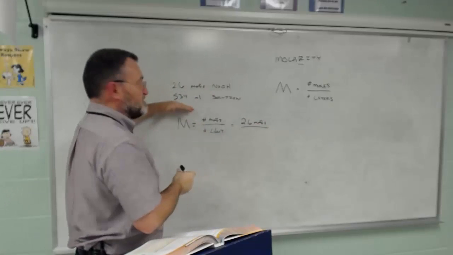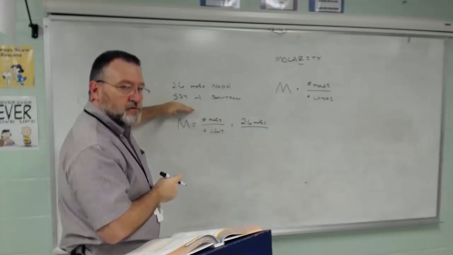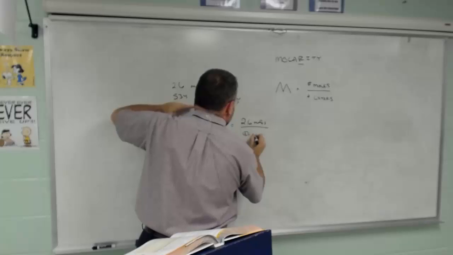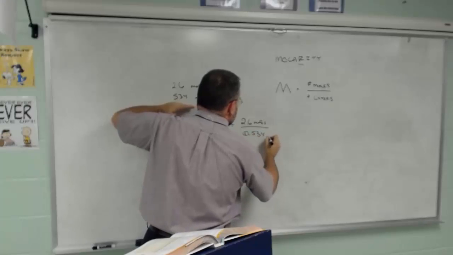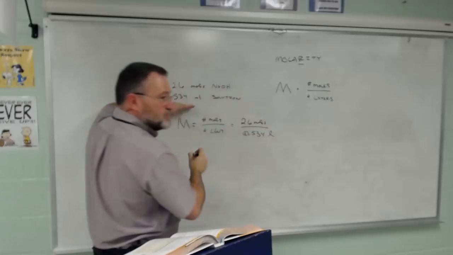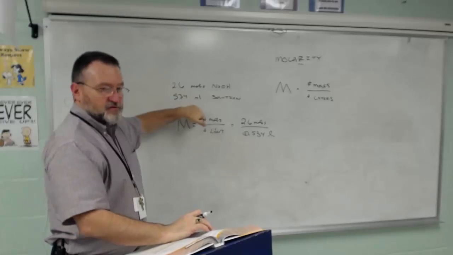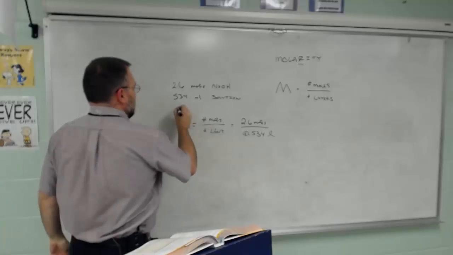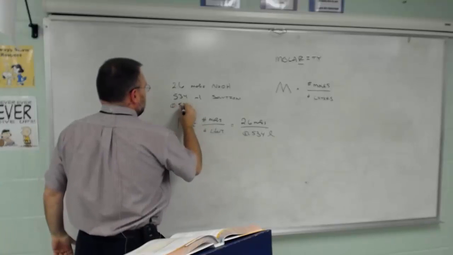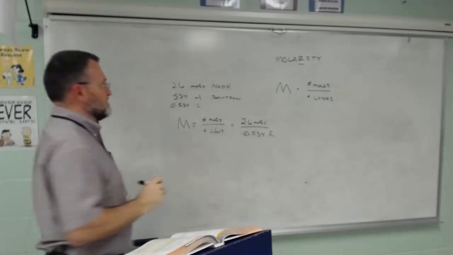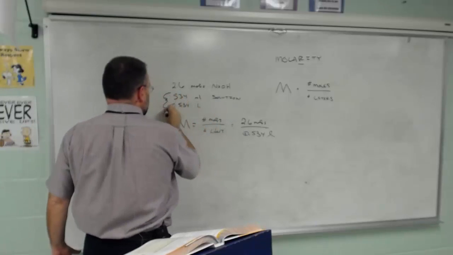How many liters is 534 milliliters? Do you see that it is 0.534 liters? 534 milliliters could also be written as 0.534 liters of the solution. These are the same thing.